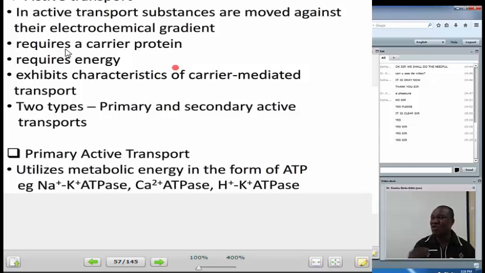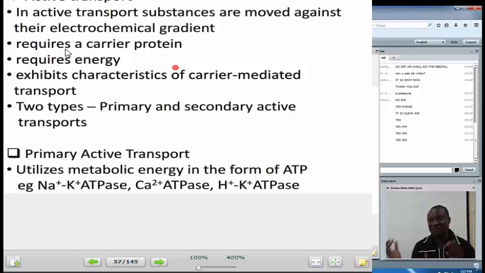Now, this requires energy since substances are being moved from a low concentrated region to a high concentrated region. Now, the movement will require the use of a carrier protein, just like in facilitated diffusion.